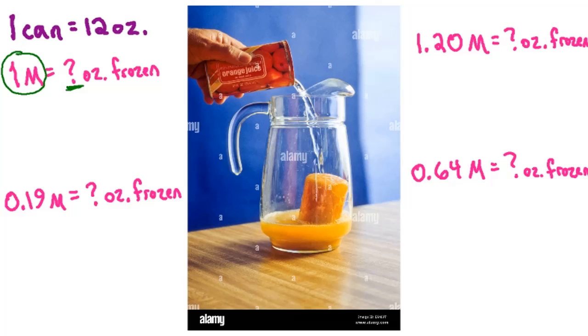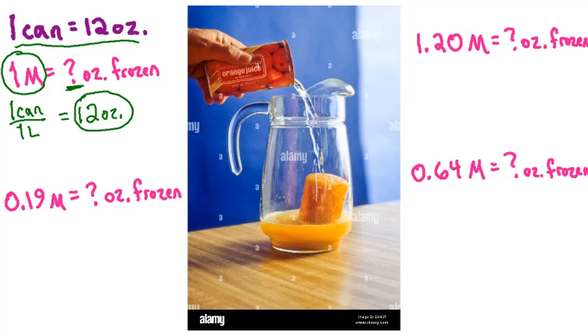Well, if we have a molarity of 1, that means we used 1 can in 1 liter of water. So 1 can equals 12 ounces of frozen orange juice concentrate. So that means we used 12 ounces of frozen orange juice concentrate in this 1 molarity of juice.